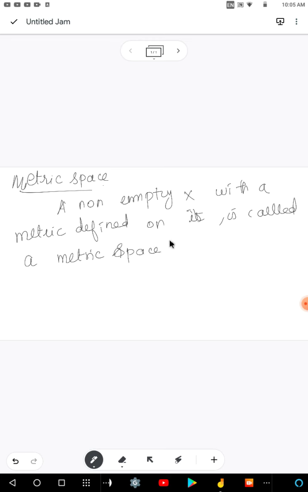You can say a metric space as (X, d) is a metric space. A metric is nothing but a function from X cross X to the positive reals, because metric is something we call distance, so that should always be positive. So your range should be [0, infinity).